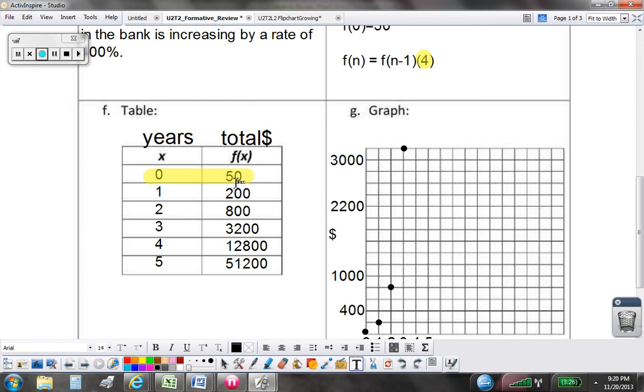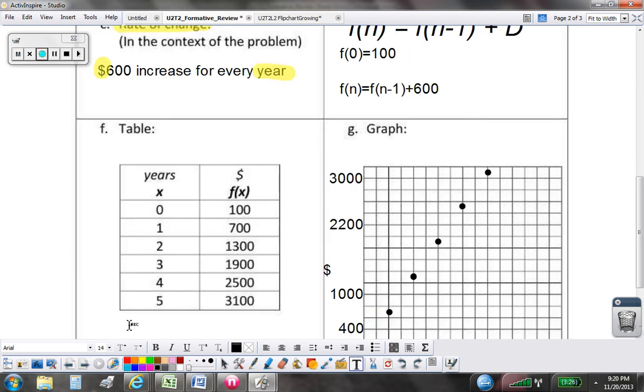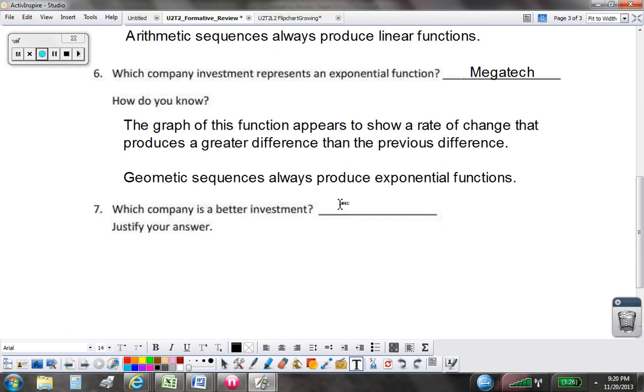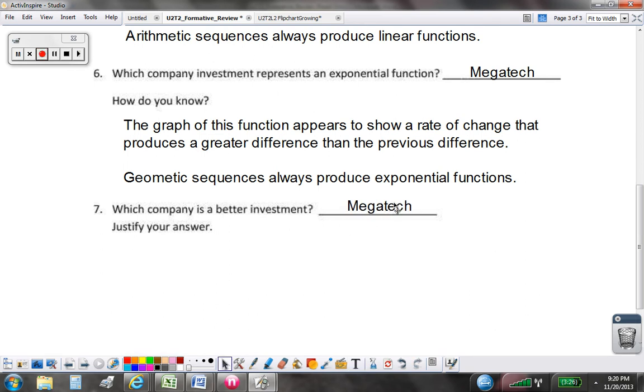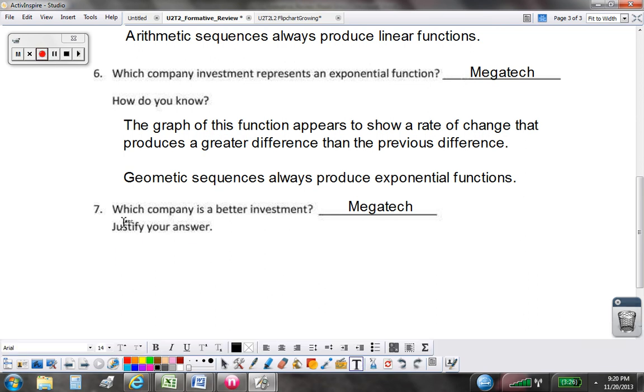Notice that this one actually started out with less in the bank too. This one started out with $100 and you're only getting 3,100. So obviously the Megatech is a better investment.